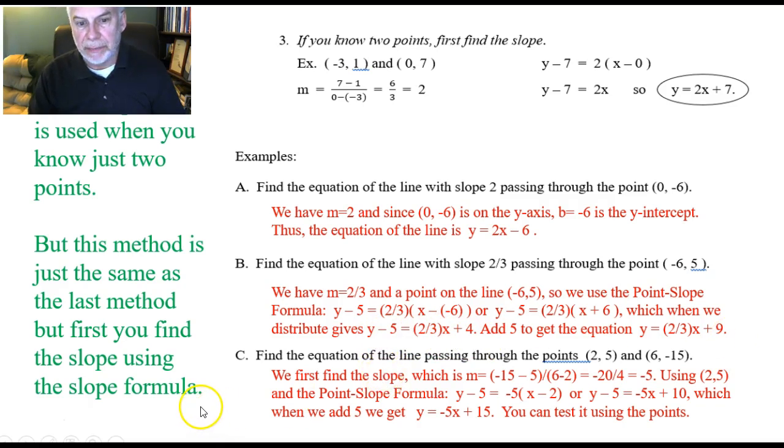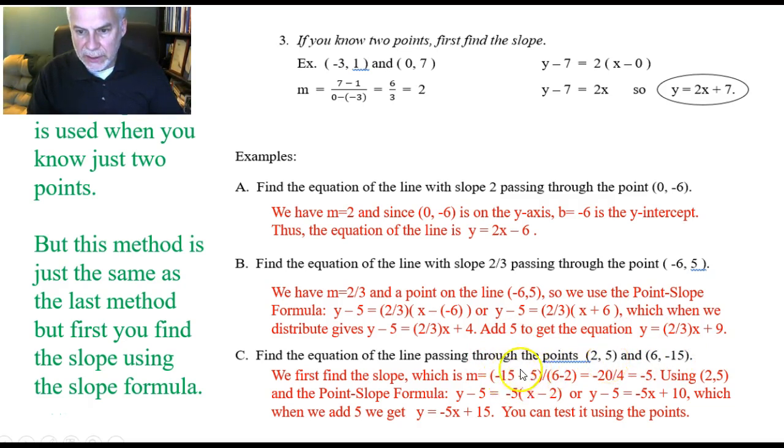In the third example, find the equation of a line passing through the points 2, 5, and 6, -15. All right, so first of all, you need to find the slope. So I used the slope formula, which was the same thing I did up here at the top of the slide here. So I want to do the y2 minus y1, so -15 minus 5.